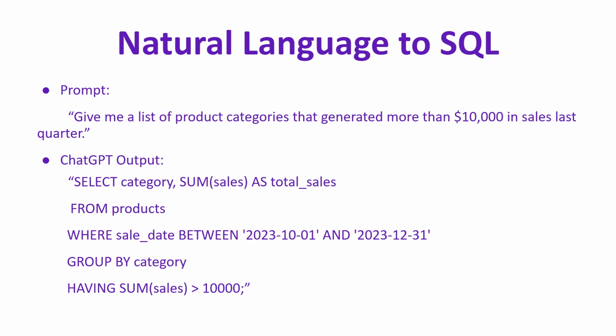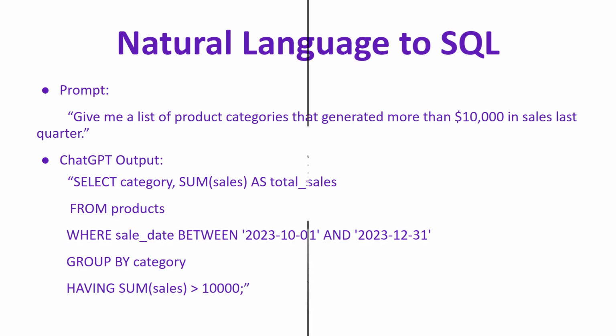So it will generate a SQL query. For example, select category, sum of sales as total sales from product where sales date between the specified range, that is for one quarter, and group by category having sum of sales greater than $10,000. So now let's move to the practical demonstration of it.